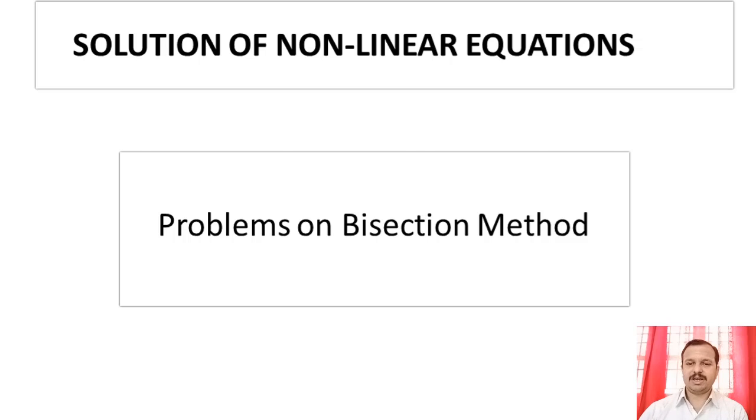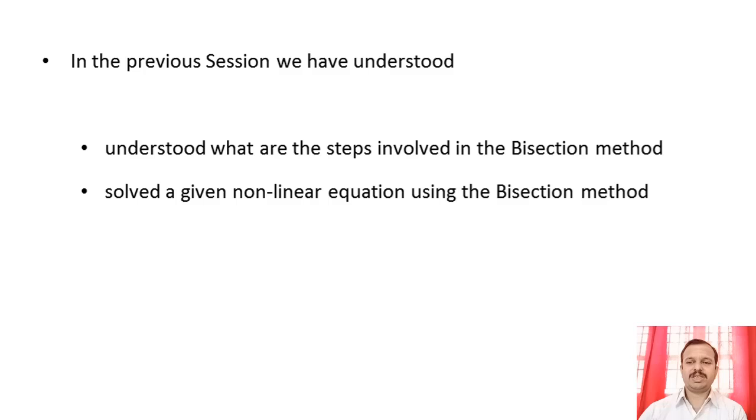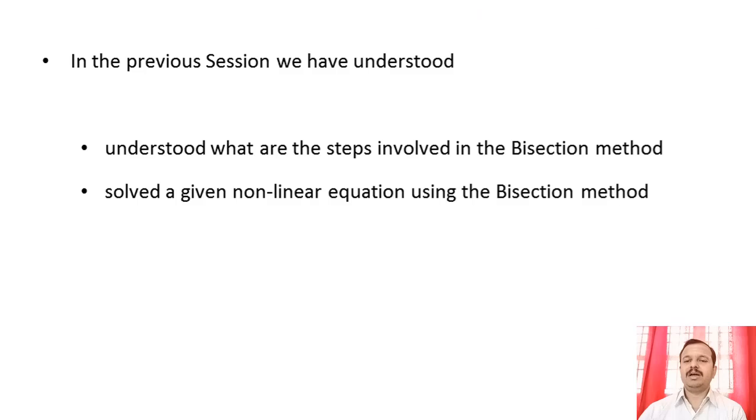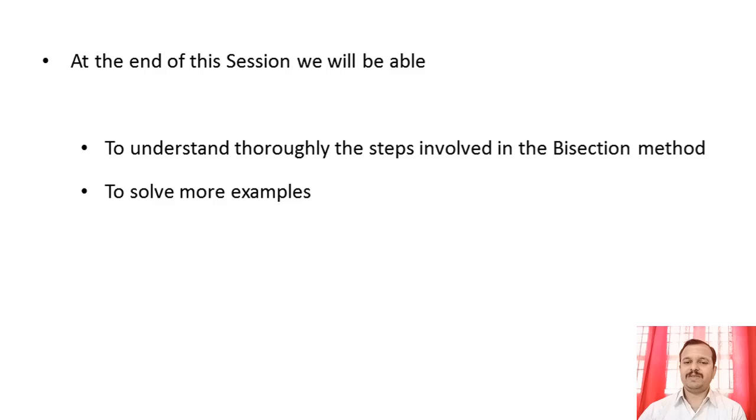In the previous session, we discussed in detail the steps involved in the bisection method, and we also solved one example using it. Now, at the end of this session, we will understand thoroughly the steps involved in the bisection method.